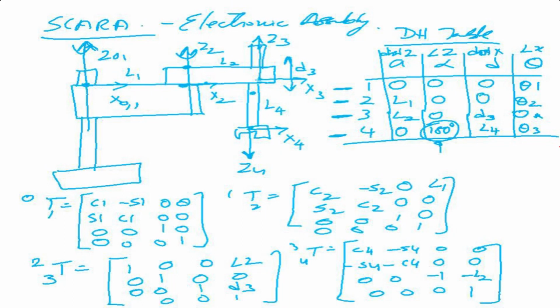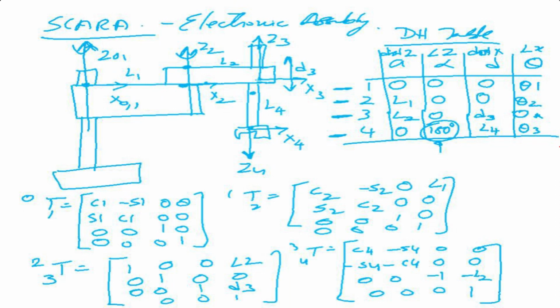What about the fourth one? There is no distance between the z-axes because it's the same axis. Angle between z: now z3 is upward and z4 is downward, so it is 180 degrees. It can be either clockwise or anti-clockwise. It's the same thing, because z3 can become z4 in both ways.